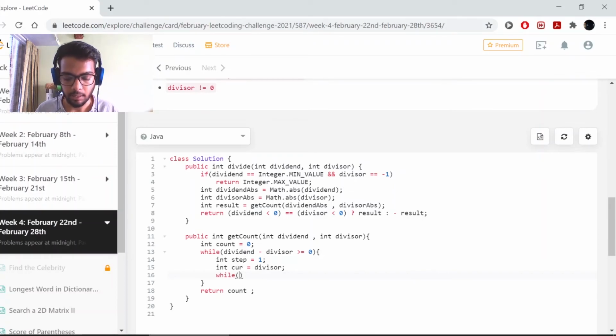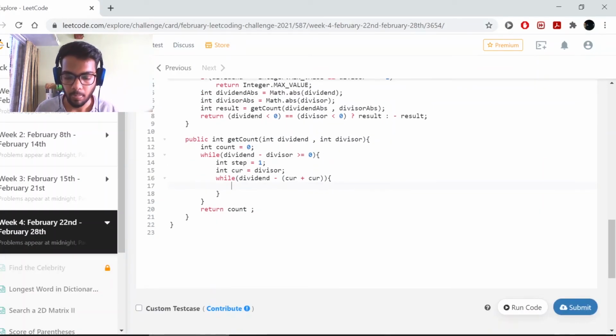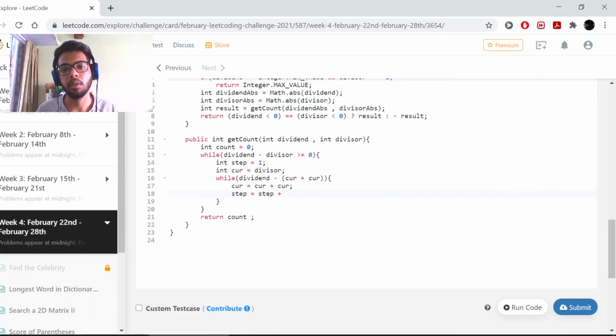Then I'll check if my dividend is large enough so that we can take away twice this divisor that we have here. If so, then I want this divisor to be updated. So this divisor becomes divisor plus divisor, and my step becomes my step plus my step. So I want my step to increment like 1, 2, 4, 8 and so on, and this will do that.